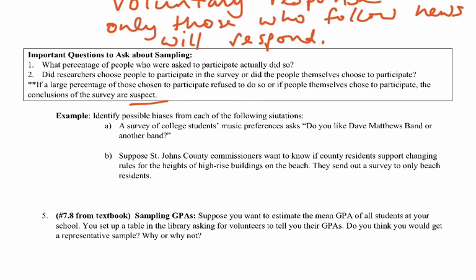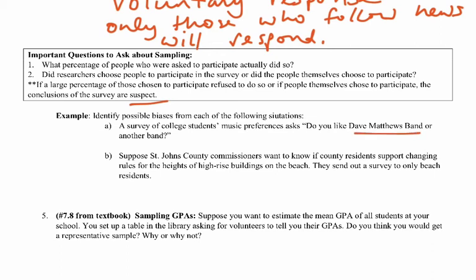Identify possible biases in the following situations, and there may be more than one answer. A survey of college students' music preferences asks, do you like Dave Matthews Band or another band? This is kind of a silly question, but if you saw this on a survey, it might raise an eyebrow. Why would the question be phrased this way? Probably because I'm trying to get you to say Dave Matthews Band.